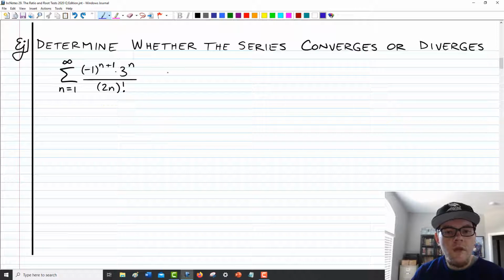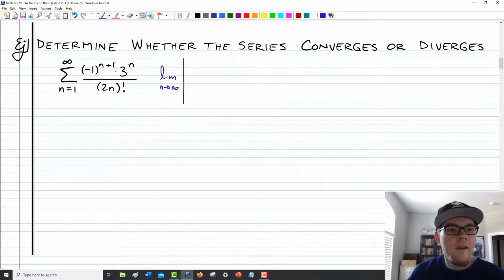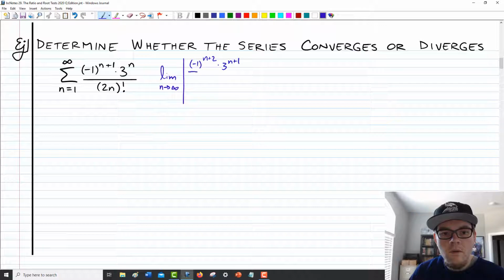In order to use the ratio test, we need to take the limit as n goes to infinity of the absolute value of the n plus 1 term. So if we plug in n plus 1, we'll have n plus 2 times 3 to the n plus 1 divided by 2 quantity n plus 1. I hope you'll notice how careful I'm being as I write these expressions out.